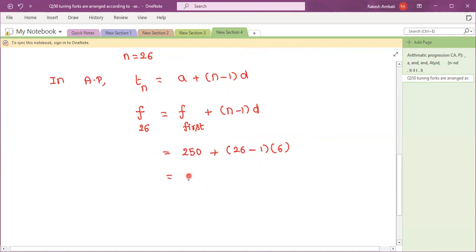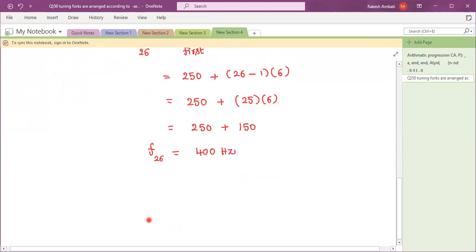That implies 250 plus 26 minus 1, which is 25, into 6. 25 into 6 is 150. So 250 plus 150, we get 400 hertz. So it is the frequency of the 26th tuning fork.